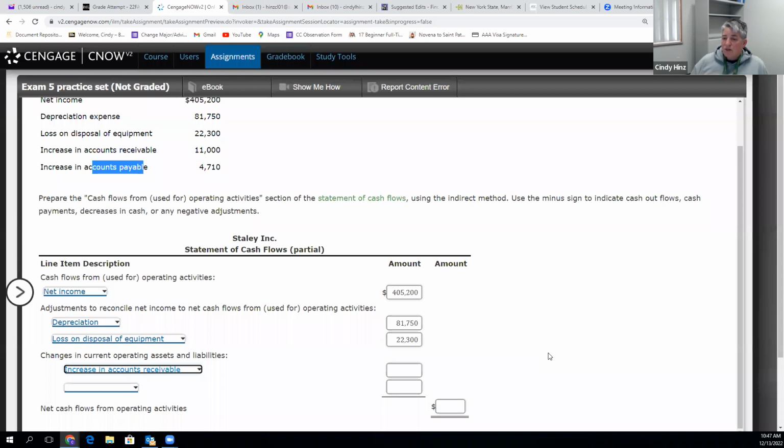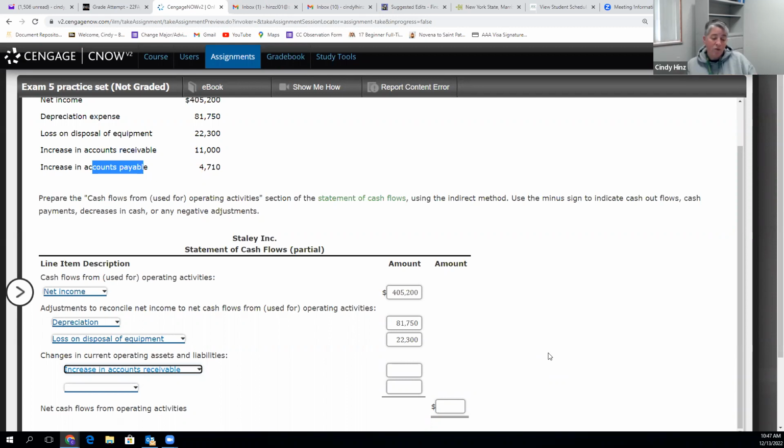So we'll start with the increase in accounts receivable. You can look at that page of guidance if that's helpful for you. If you're not really sure, or you want to check yourself. But I would also think it's fantastic if you can just reason through what happened here. Why did our accounts receivable go up?